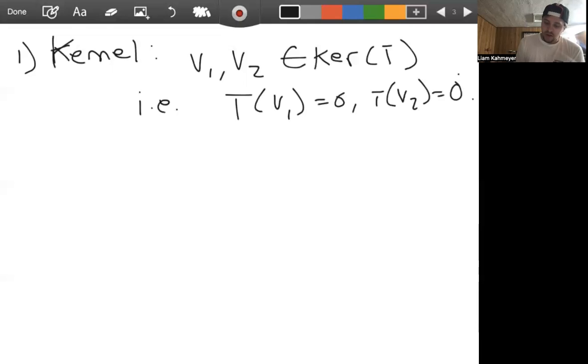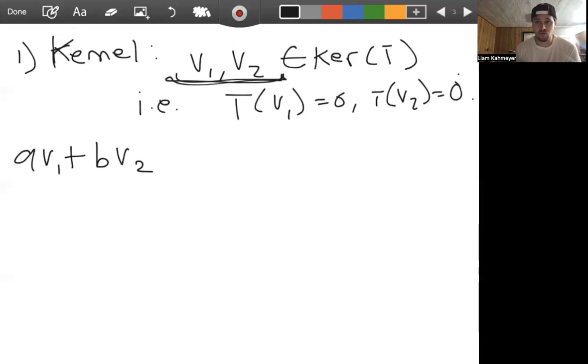We need to show, for any two elements, that all linear combinations of these two elements still belong to the kernel. So let's look at a v1 plus b v2, right?